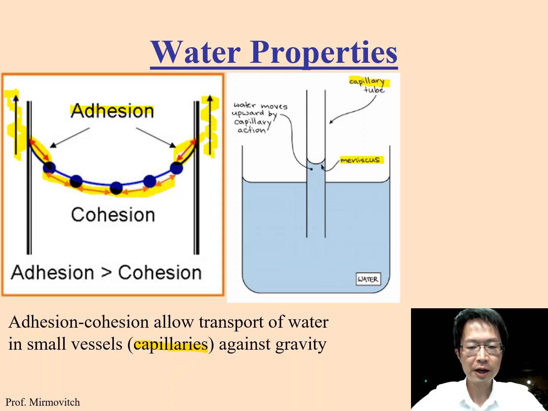And the good thing about this is that capillary action, or we call it adhesion and cohesion, does not require any energy. So it saves the plant a lot of energy to transport water from the root through the stems all the way to the leaves on the tree tops. It is a very smart strategy that plants developed through evolution.